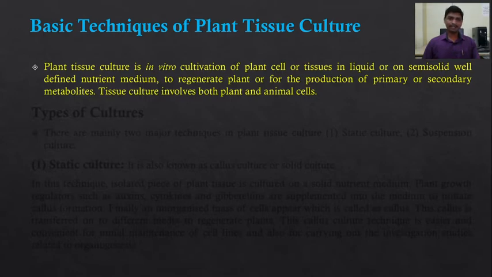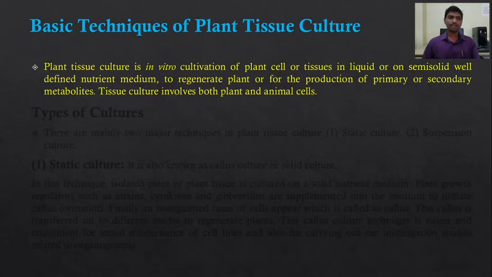The aim is to regenerate the whole plant or to produce primary or secondary metabolites. This can be done with the help of certain basic techniques used in plant tissue culture. Tissue culture involves both plant and animal cells.